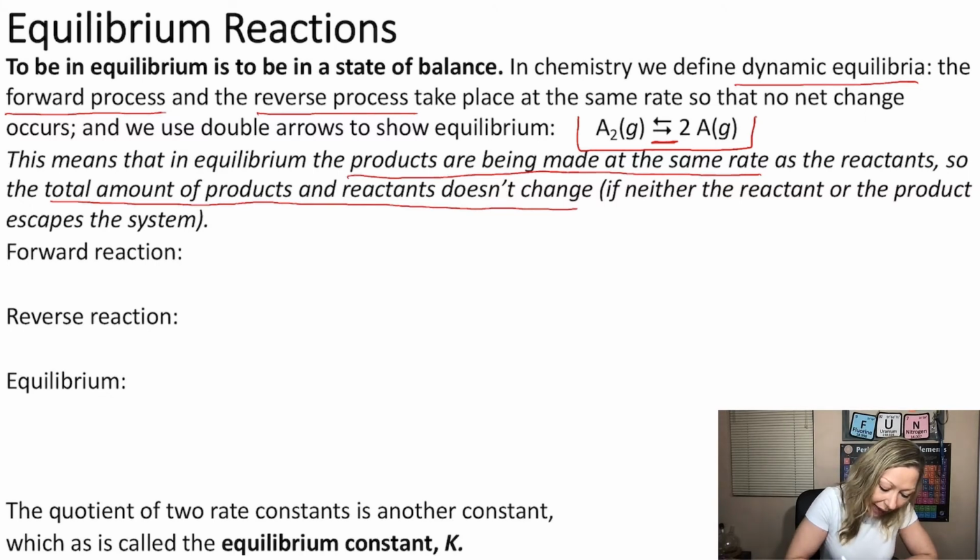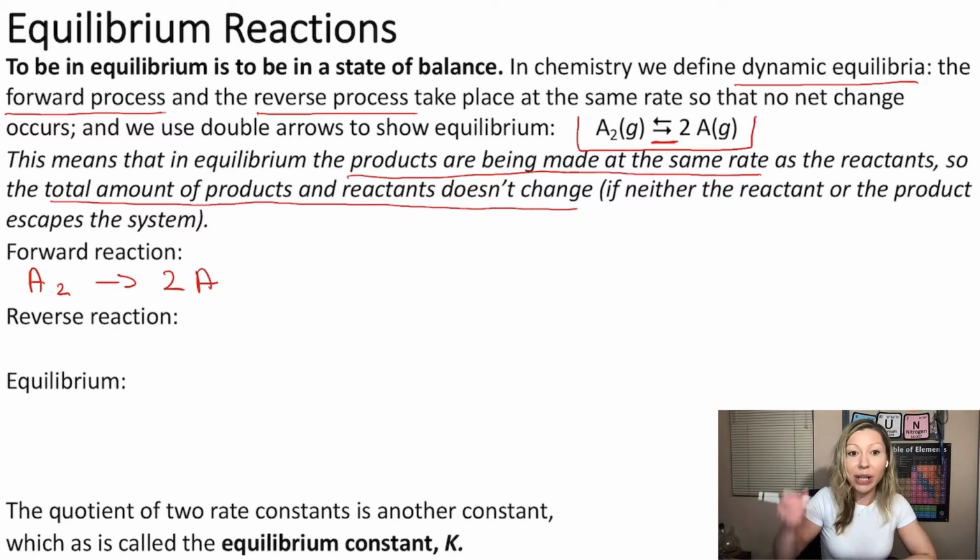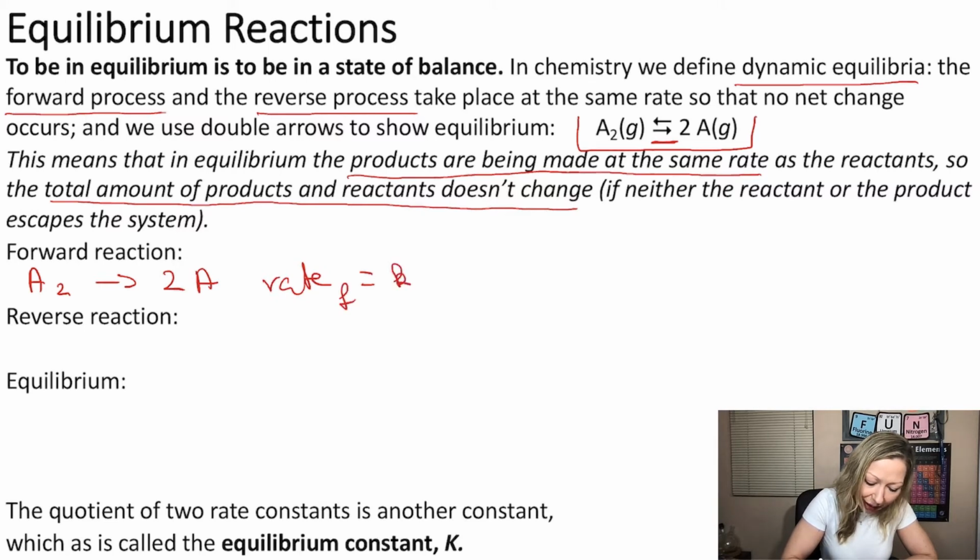Our reactant in the forward reaction is A2, and this is going to produce 2A. The rate for this reaction, let's call it rate sub F, equals k sub F, which is the rate constant, multiplied by the concentration of my reactant A2.